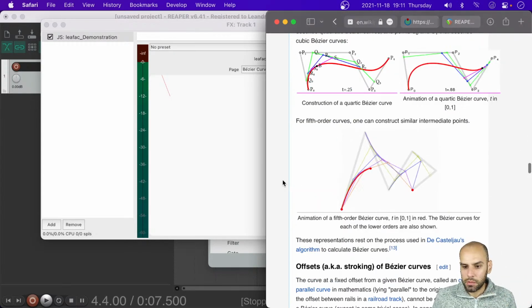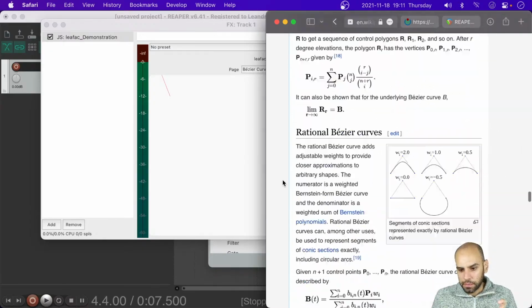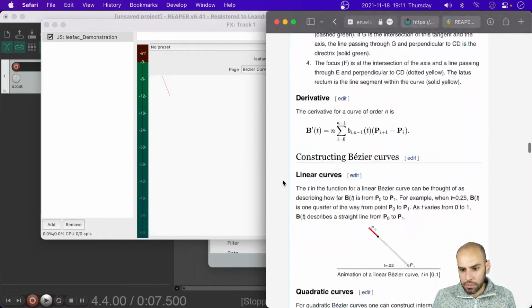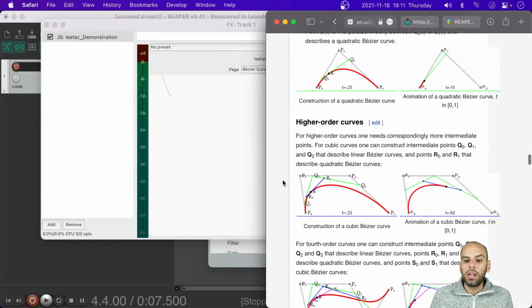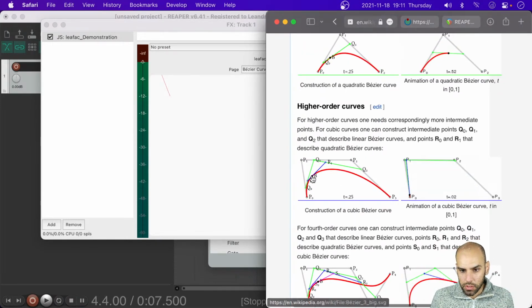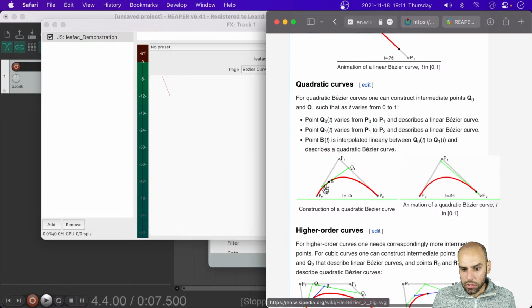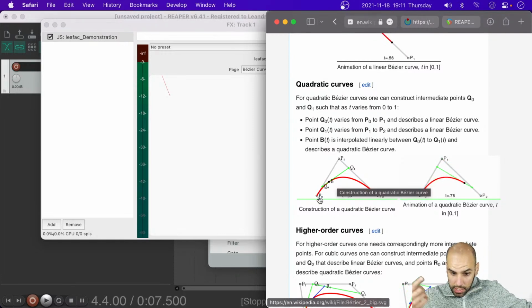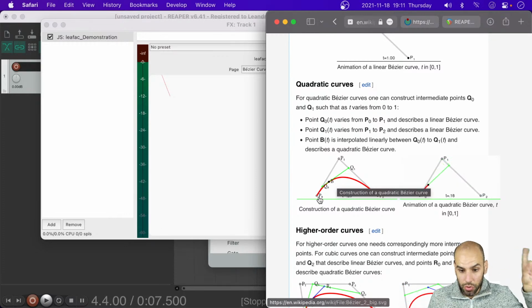So if you want to think about, where is the drawing? Come on, yeah, there we go. So if you want to think about, for instance, on the quadratic curve, if you want to define Q, you are going to call the formula we just implemented for linear interpolation. You call that formula to discover the linear interpolation between P0 and P1.